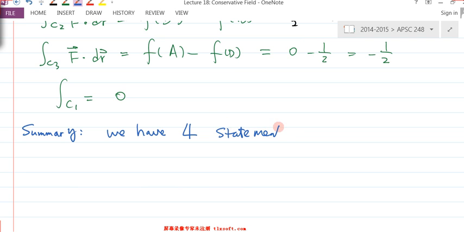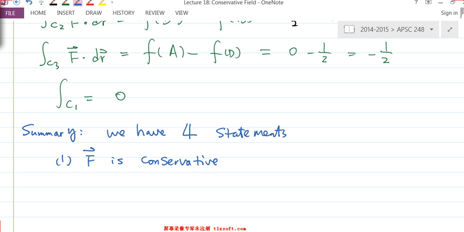Any one of them listed here is equivalent to the others. So when you say one, that basically implicates the other 3, right?